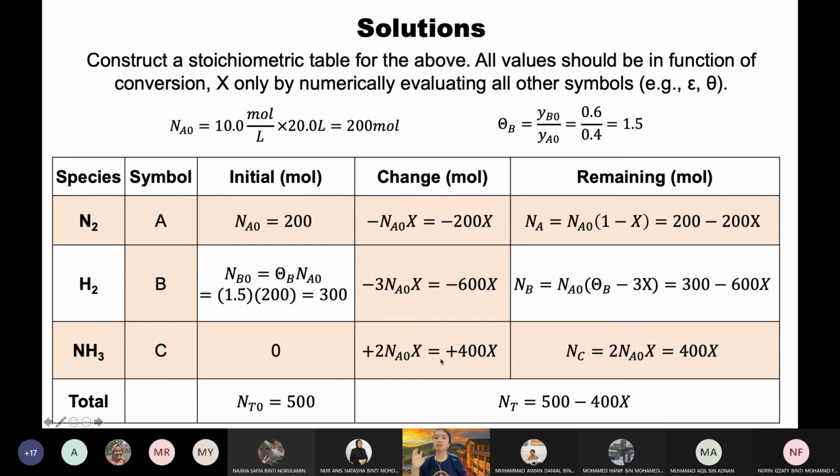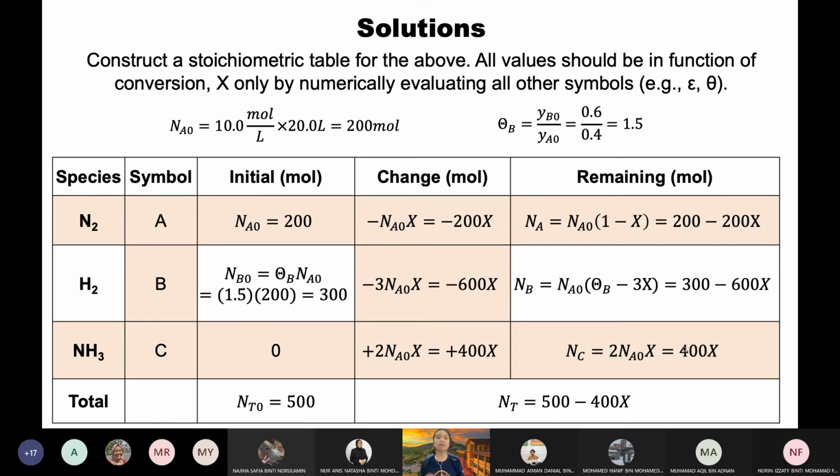You get 400x. Writing positive 400x is fine too. Your remaining for C, the number of moles left, equals 400x. Sometimes I write negative, sometimes positive, sometimes nothing. There's actually no need to write the positive, but the negative you have to write. The positive one is okay if you don't write it.